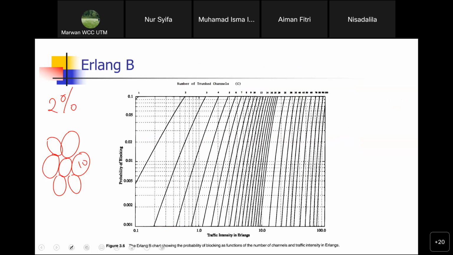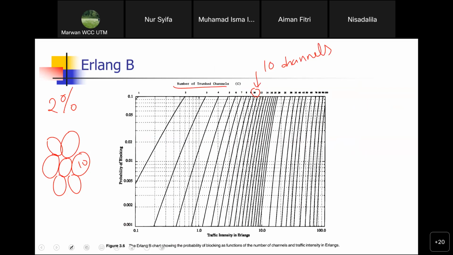What does 10 mean? Meaning that you have to look here. How many channels you have? 10. Okay, so this is the number of channels that you have per cell. So in our system just now we set it equally to 10.